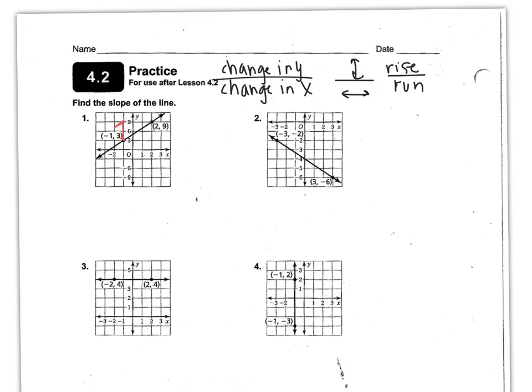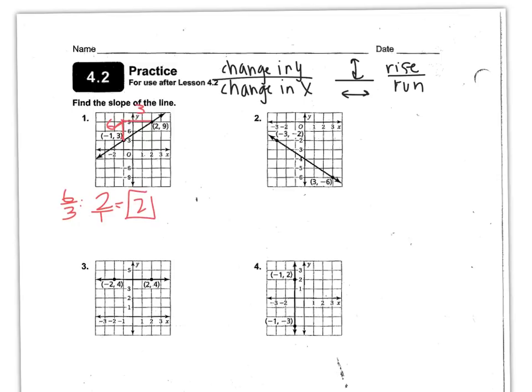So even though it's up 2 boxes, it's actually up 6, and you can see that by the numbers. Then if you look at the x-axis, it's going by 1s, so that's fine. I can just count boxes. 1, 2, 3. So the slope is 6 over 3, which is 2 over 1, or better yet, the number 2.